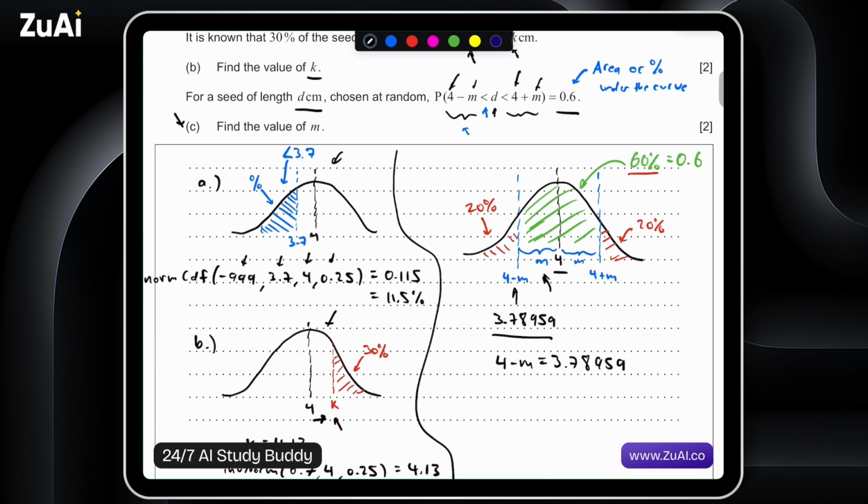That's alternatively what we're doing here. 4 minus that is just going to give us a value of 0.210. Alright, that's the value of m. 0.210.